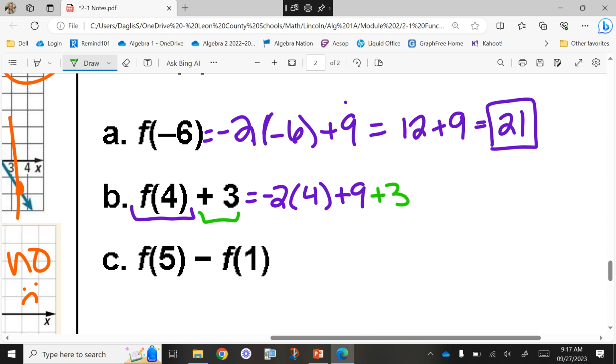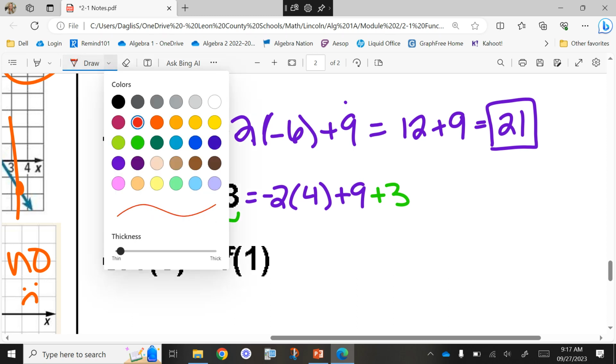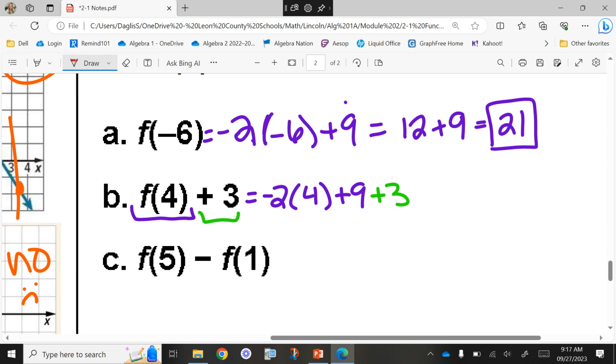If you're a visual person like me, this is when colors would be super helpful. Okay, and from here, again, order of operations. So we're going to multiply first. What is negative 2 times 4? It is negative 8.